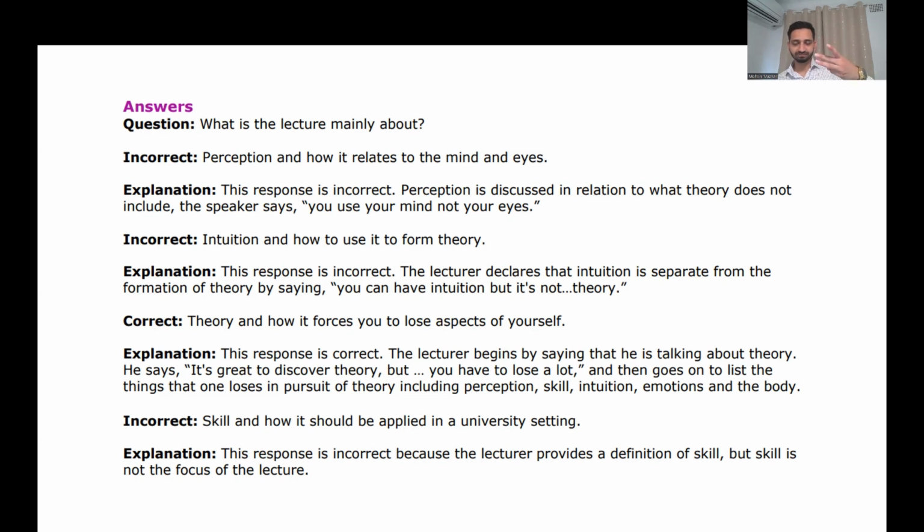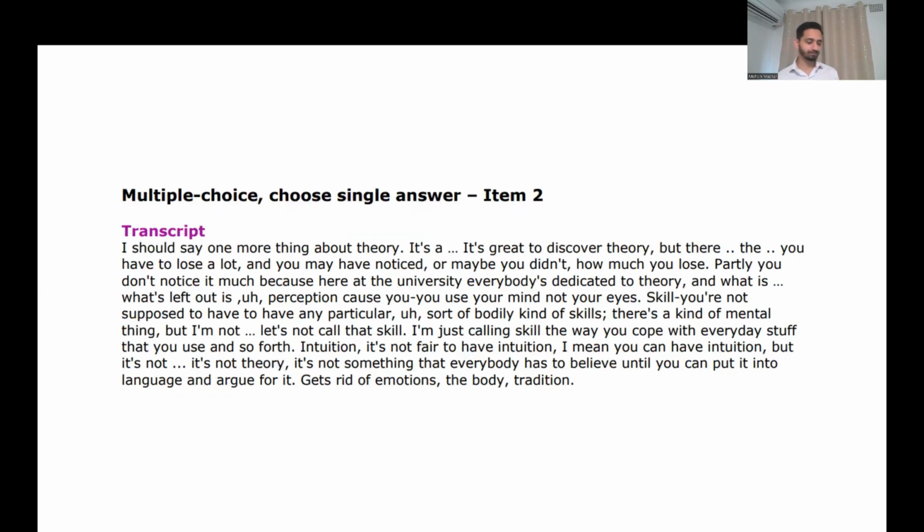Option number 3, and again, if you look at the question, what is the lecture mainly about? It's theory and how it forces you to lose aspects of yourself. Okay, so that is the main topic, and it was mentioned at the start. If you go back to the first sentence that the speaker says, I should say one more thing about theory.